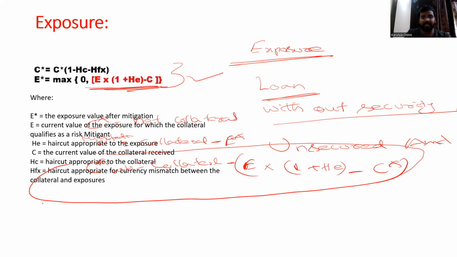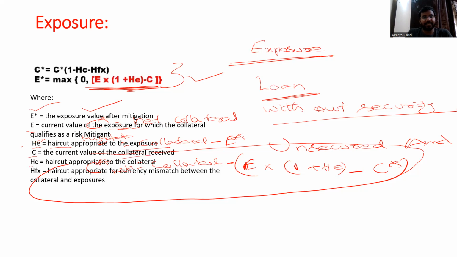These are the terminologies we will use. The first one, E, as I told you, is the exposure value after mitigation. H means haircut. So HE is the haircut of exposure. Next, C simply means collateral.